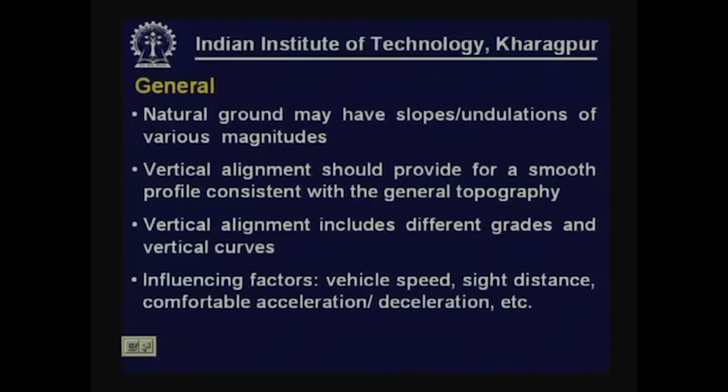Natural ground may have slopes or undulations of various magnitudes. We do not expect the ground to be perfectly flat, so it is expected that there will be undulations. Vertical alignment basically should provide for a smooth profile consistent with the general topography.